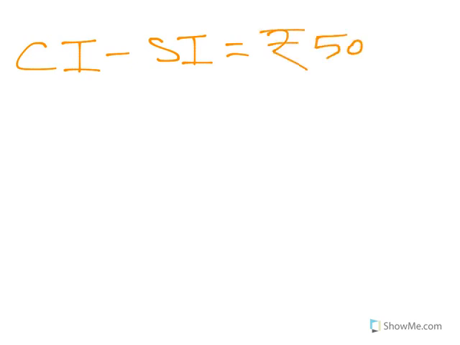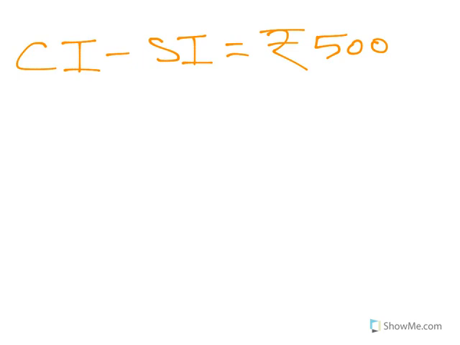Okay, so many questions, they have a relation between compound interest and simple interest. And most questions of this type, they'll say that compound interest minus simple interest is given as some amount of money, okay? So let's just say it's 500. I don't even know if this is possible, but let's just say it is.